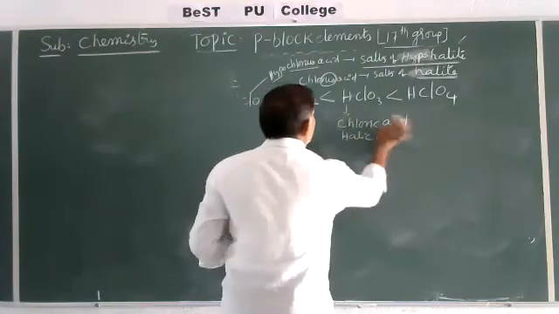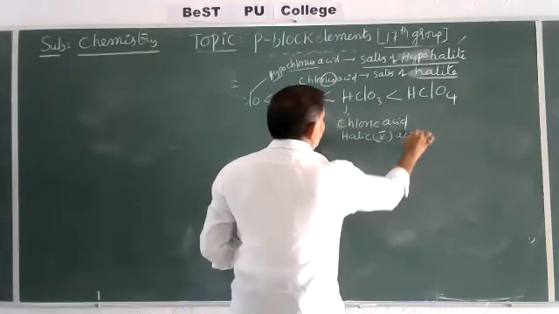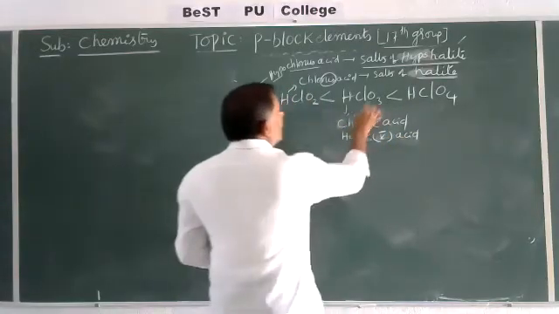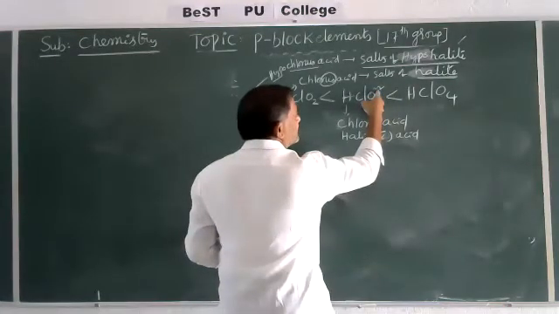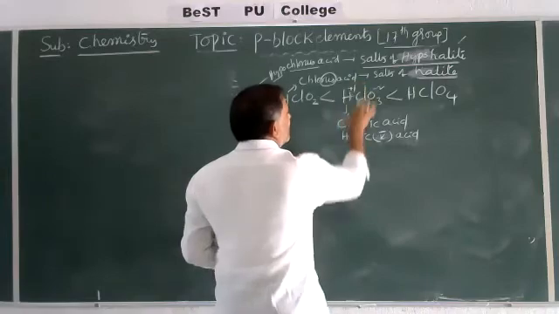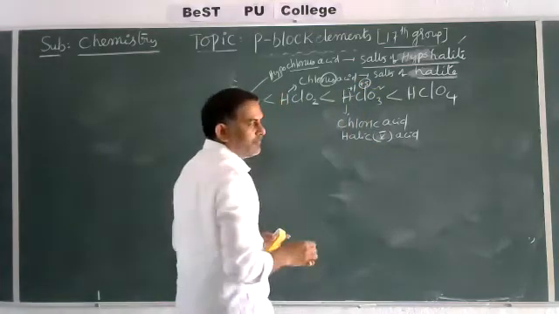We take 5 as indicating the oxidation state, halic 5 acid. Now oxygen is -2 into 3 is minus 6, hydrogen is +1, so chlorine is compulsorily +5. That's why we can write it in Roman numerals.